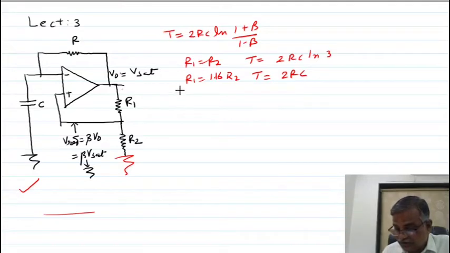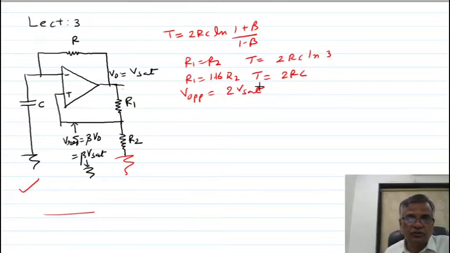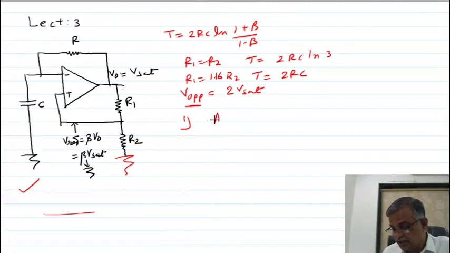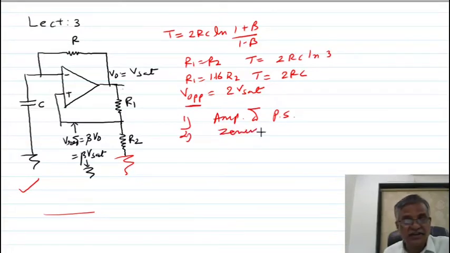Then we have discussed the output voltage. The peak to peak output voltage is 2 Vsat, because the output voltage swings between plus Vsat and minus Vsat. So the peak to peak voltage will be 2 Vsat. If you want to change the amplitude of the output voltage, then you can change it by changing the amplitude of the power supply voltage. Second, by using Zeners connected back to back.